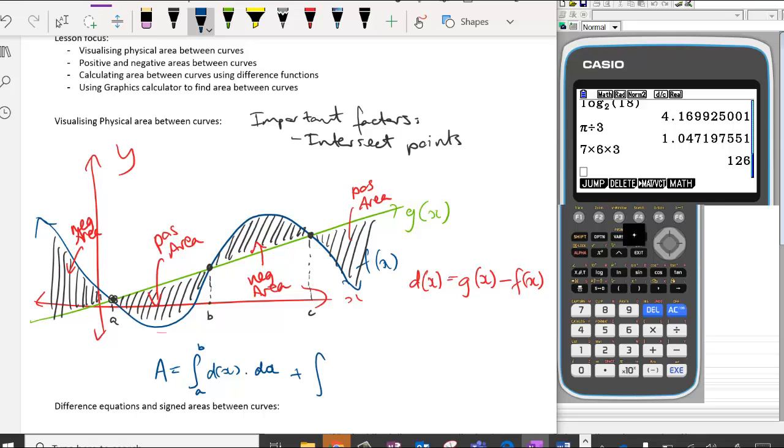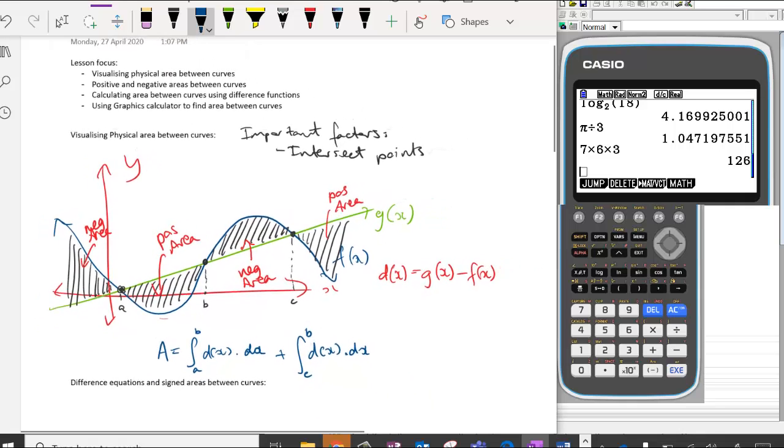And then we're looking at the integral of the difference function with respect to x for this second section. As that's a negative area, we will flip the limits. So instead of being between b and c, it will be between c and b. And that is our area bound by the curves.